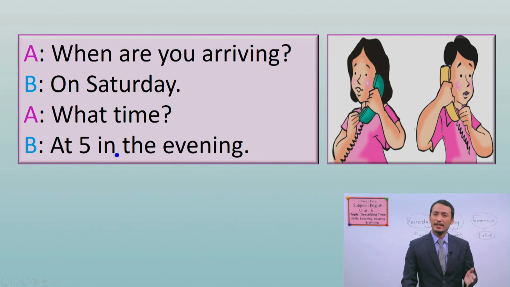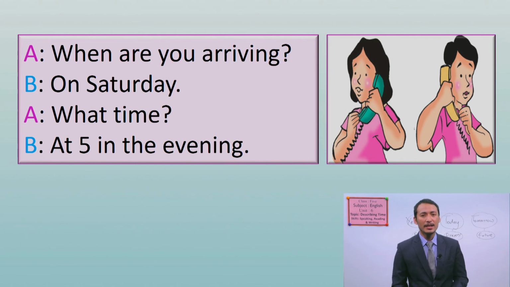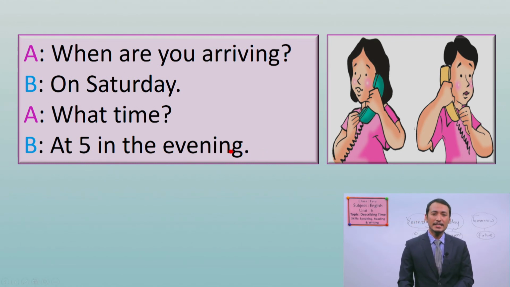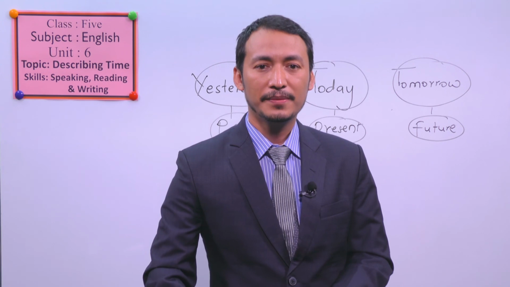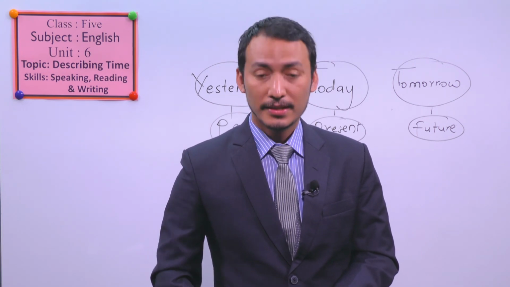Once again, you can use the time like at 5, at 6, at 7 in the evening, in the morning, or in the afternoon. You can use like this for answering. Okay? Are you clear, students? All right, then let's look at another conversation.